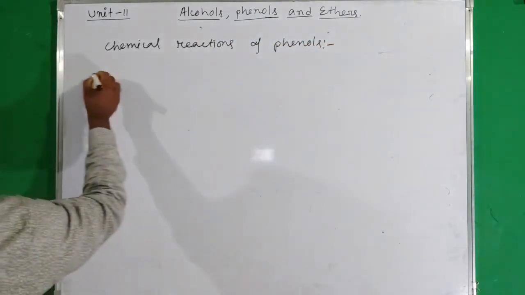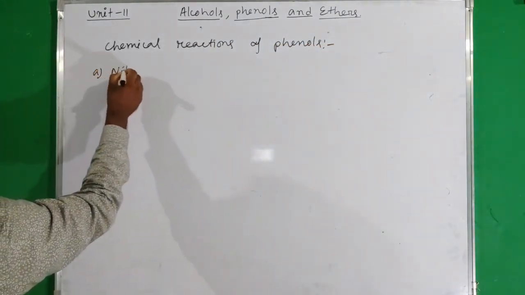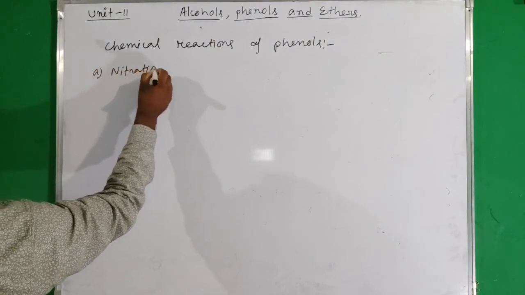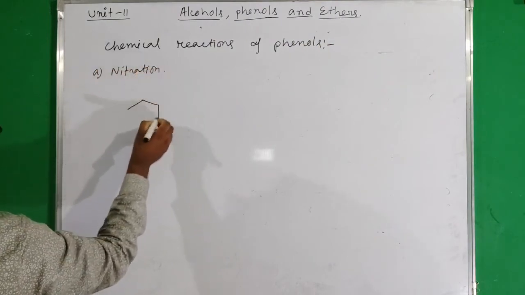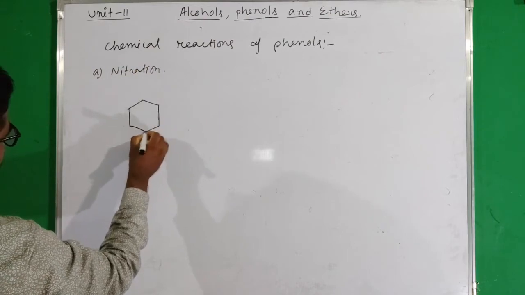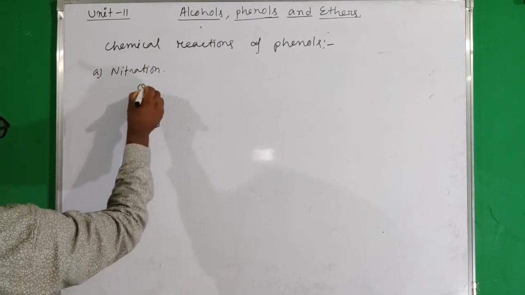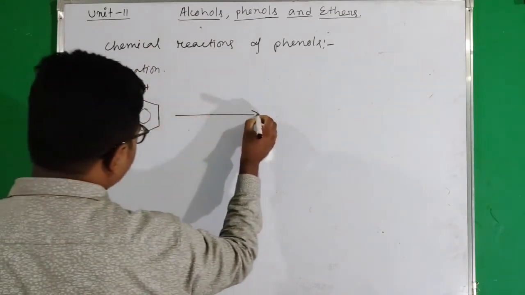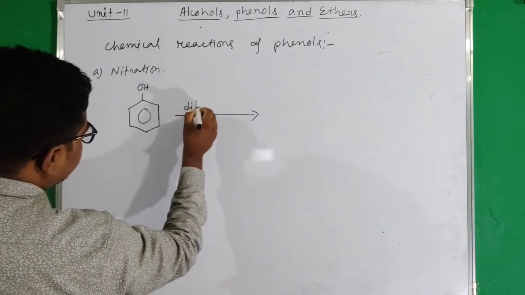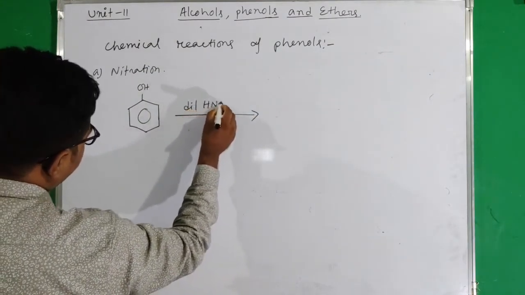The first one is number A, nitration. Okay, so we are taking the phenol, and for nitration we are using dilute HNO3.